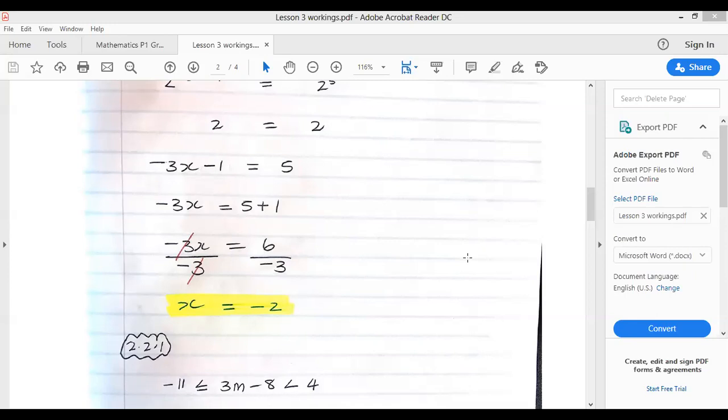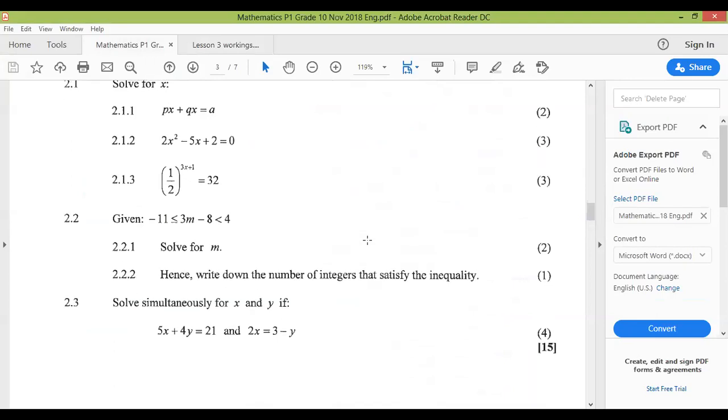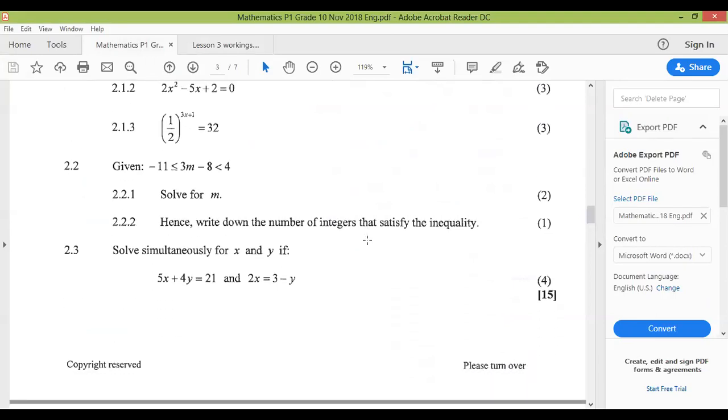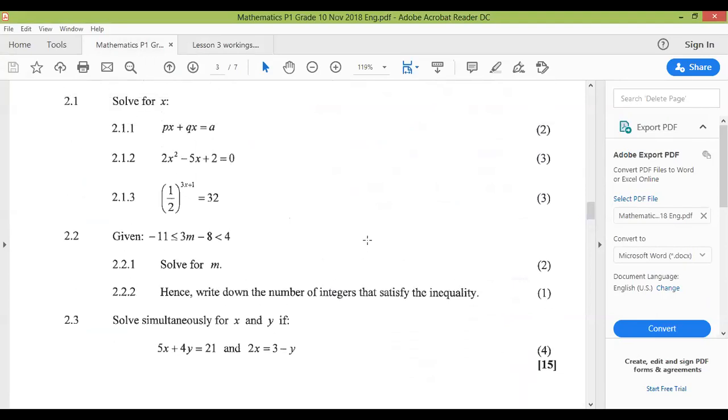Right, perfect. Let's look at the next one. Okay, I just want to move to 2.2. Now, this is an interesting question, guys.